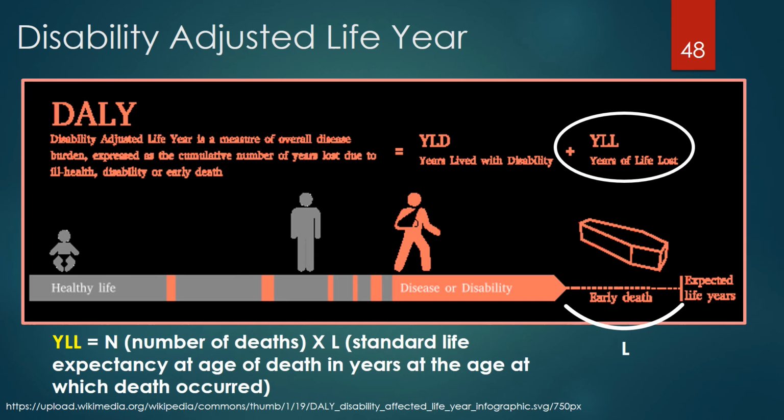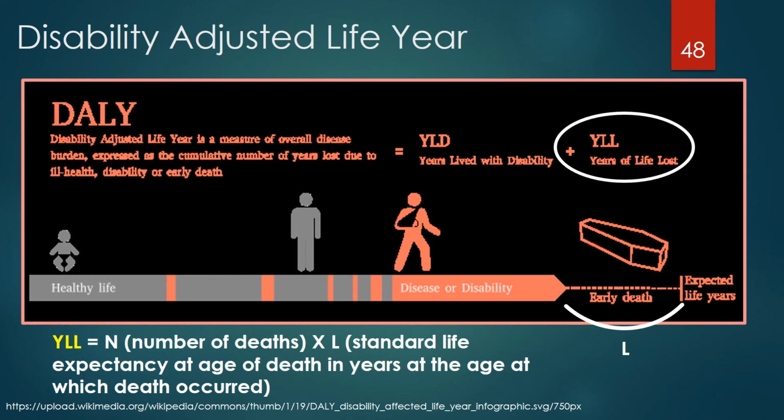DALYs for a disease or health condition are calculated as the sum of the years lost due to disability, YLD, for people living with the health condition or its consequences, and the years of life lost, YLL, due to premature mortality in the population. The years of life lost, or YLL, basically corresponds to the number of deaths multiplied by the standard life expectancy at the age at which death occurs.